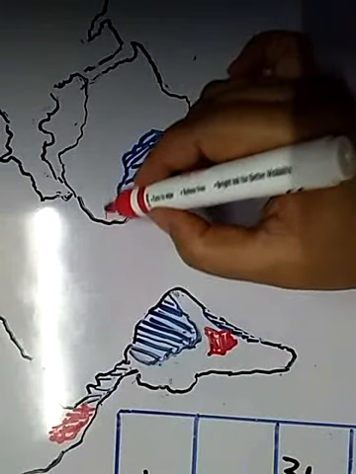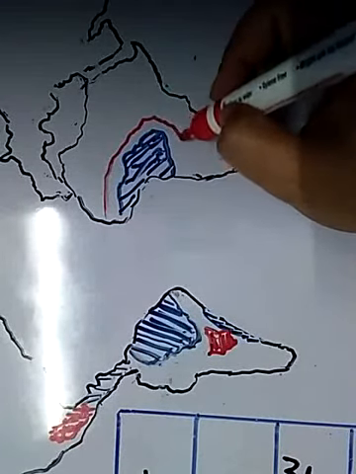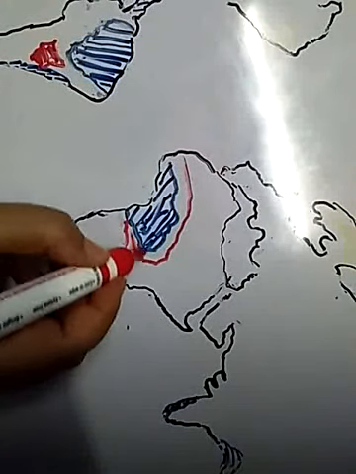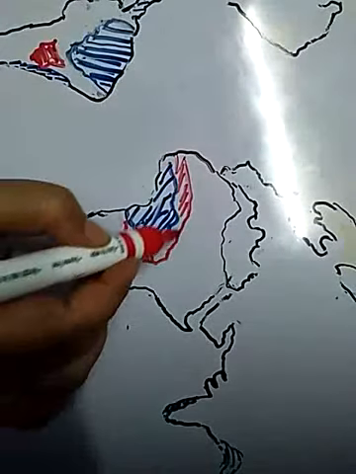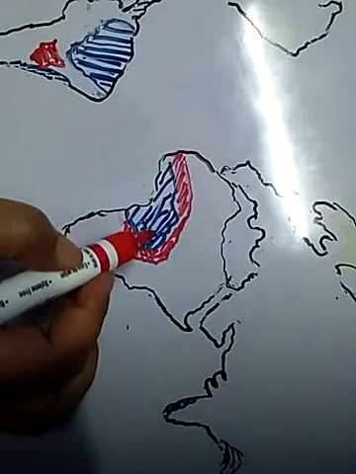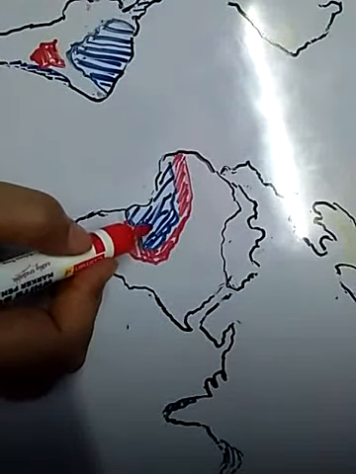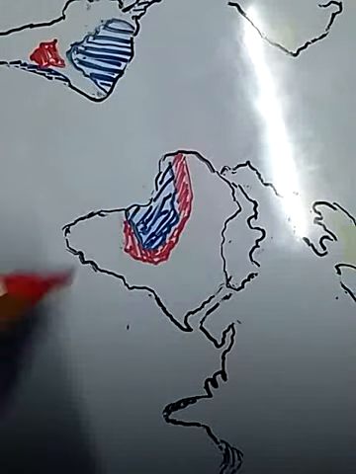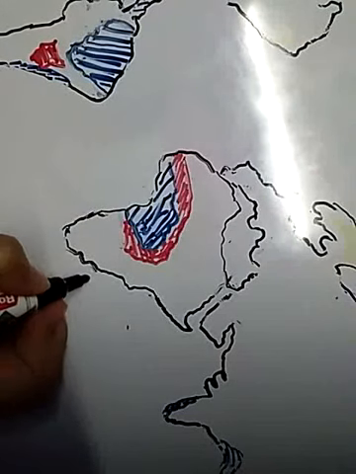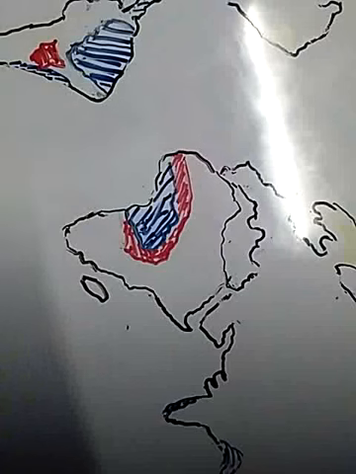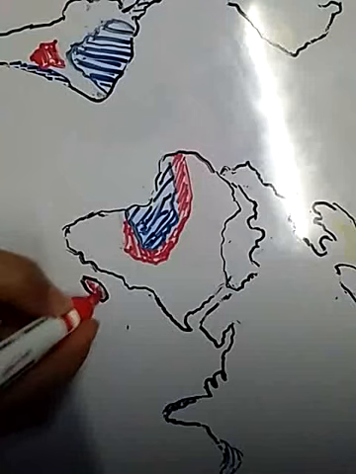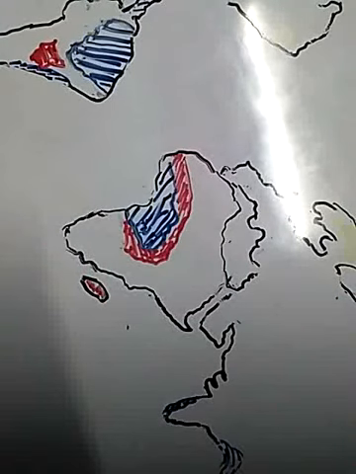In Africa, around the evergreen forest, deciduous forests are found here around the evergreen forest. And also this type of forest is found in Madagascar Island here, and deciduous forest are also found in the Madagascar Island.